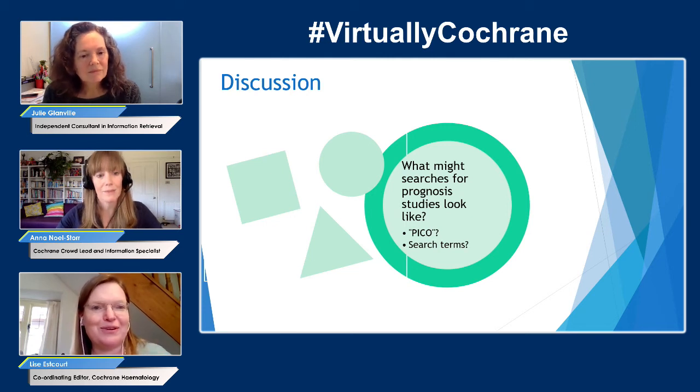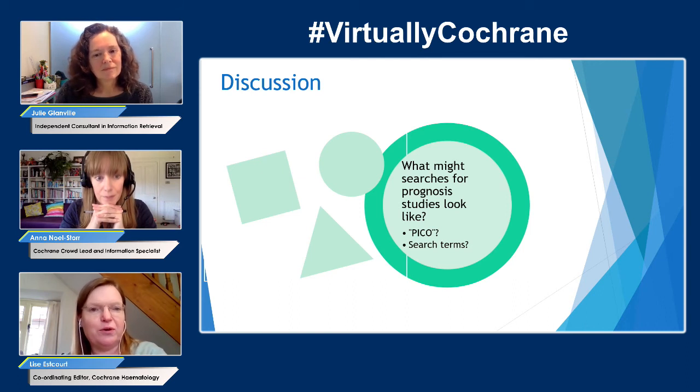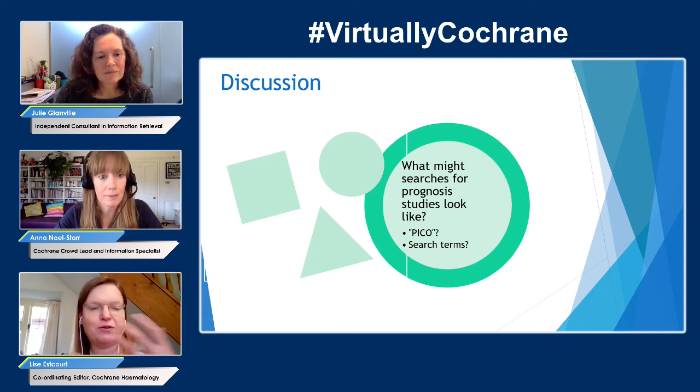So you've got to work out yourself your definitions of what you're looking for in a study to be able to disentangle what the authors have described. So you've therefore got to be careful with the filters, because somebody might have described it as a prognostic factor, but it's an effect modifier study, or they might have described it as a prognostic model, but it's looking at overall prognosis. So you can't rely on filters to actually define the type of study that you're looking for, because it's all very confused in the literature.